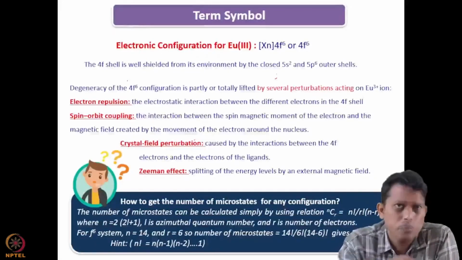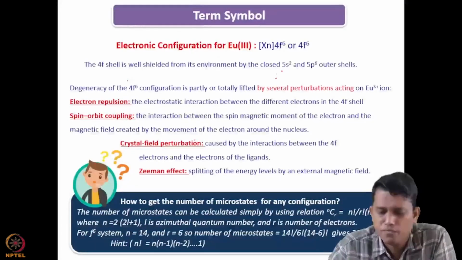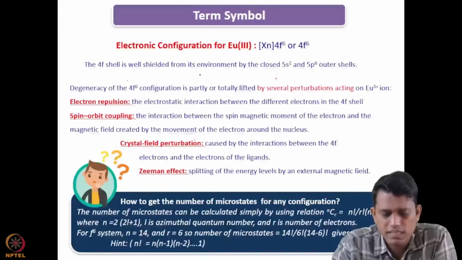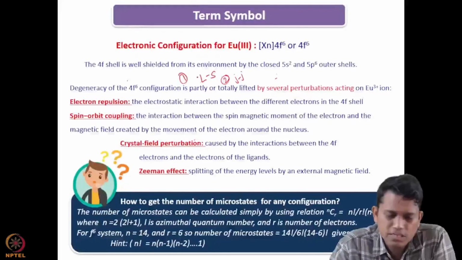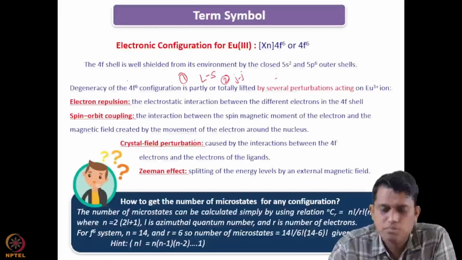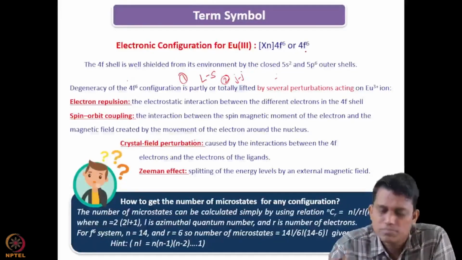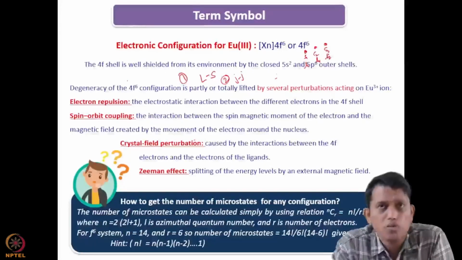We'll not talk much about spin-orbit coupling, but just for your revision, we can have two types of coupling. One is called the LS coupling or Russell-Saunders coupling, and the second is the jj coupling. The basic difference between the two is that in the LS coupling scheme, suppose we have an electronic configuration with 2 or 3 electrons, and every electron, say 3 electrons, has a spin s1, s2, s3, and every electron has an individual orbital momentum.